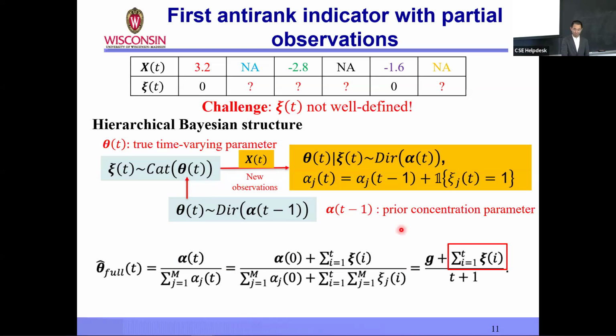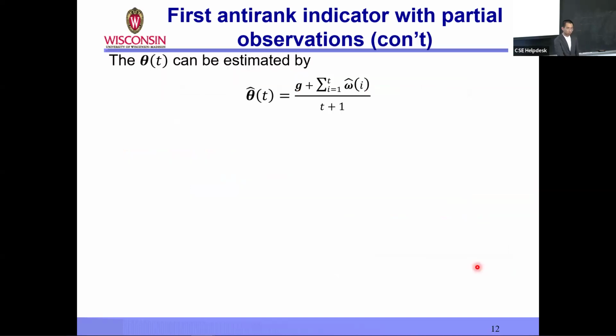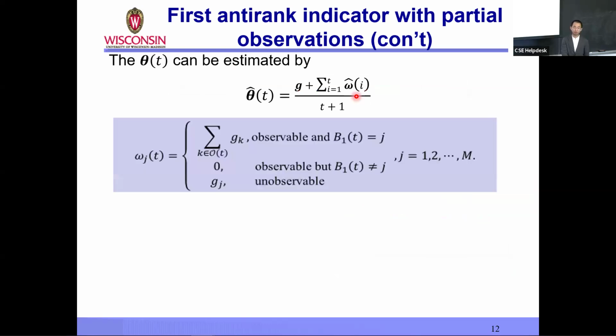Like here, for the causality, we can get the estimate of the theta based on the in-control parameter g and also the cumulative observations causality. But again, the causality is not well defined because we only have partial observations. So that's why we further proposed an omega to replace this causality. There are three scenarios for the omega here.